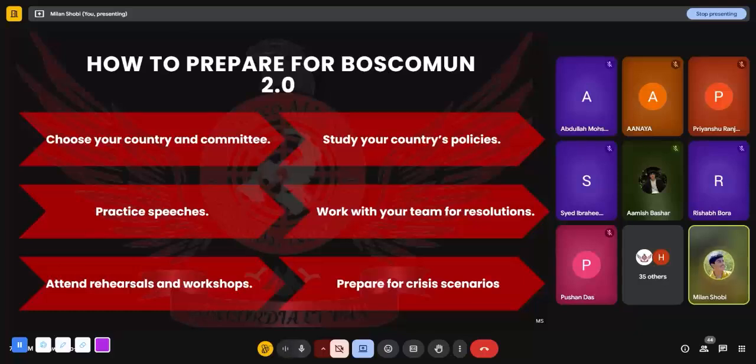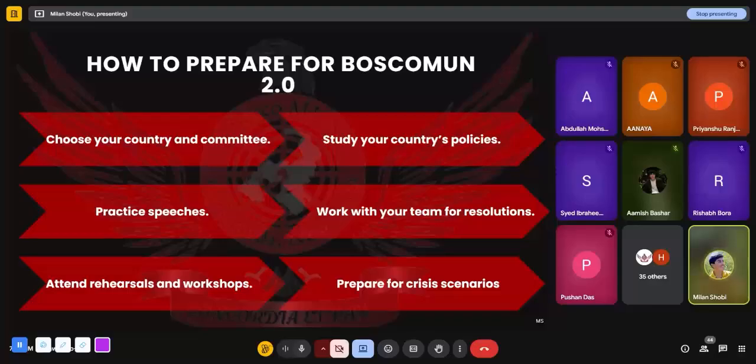Because unless it really matches your personality, it is a bit difficult to adjust into that country, that committee. If you're a rebellious one and you are in a silent committee, there's a lot of boredom which will fill into you.